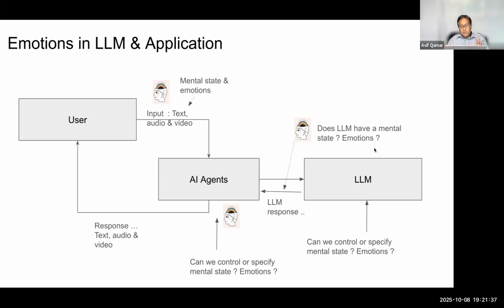Now, this is the context in which we are going to read the paper. In this paper, the focus is more on the right-hand side. The paper is trying to prove that LLM emotions can be controlled, and then it can be verified through the evaluation framework.